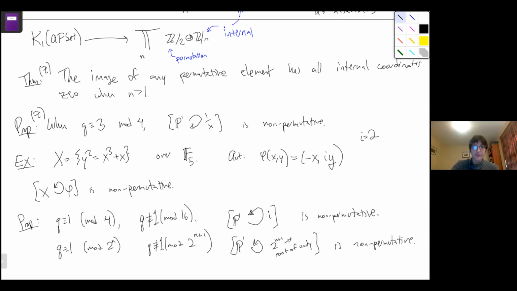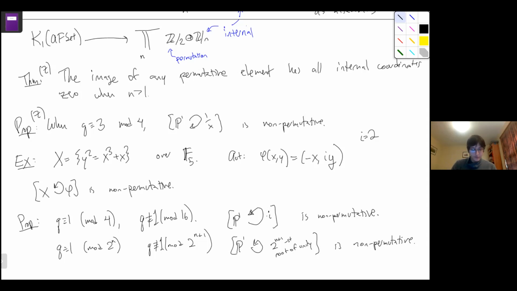And I'm out of time, so I'm not going to go into the details. But it's really a fact that the reason we were having trouble seeing it before is we were just working with this Z mod 2, and you needed i to not be a square in order to detect that as non-trivial.